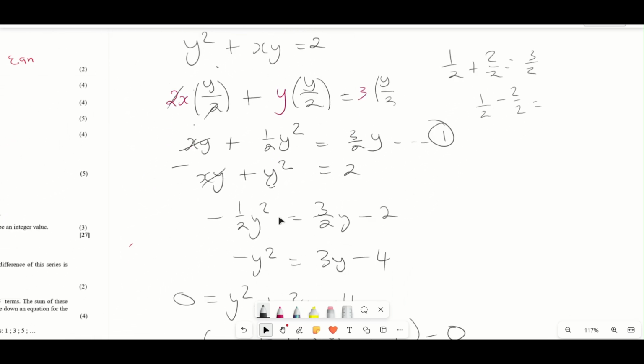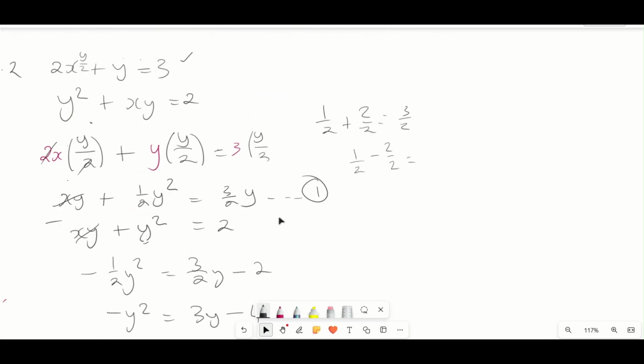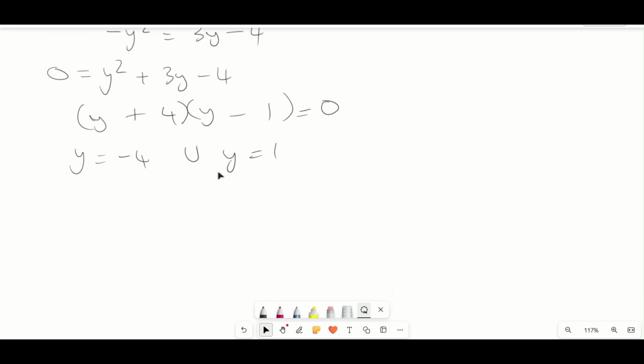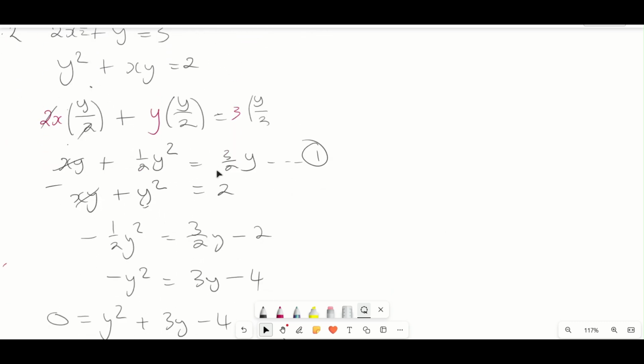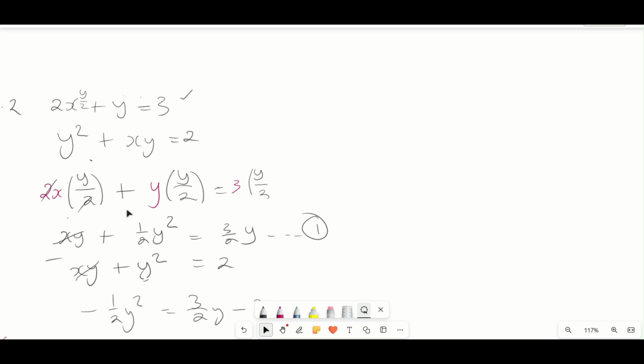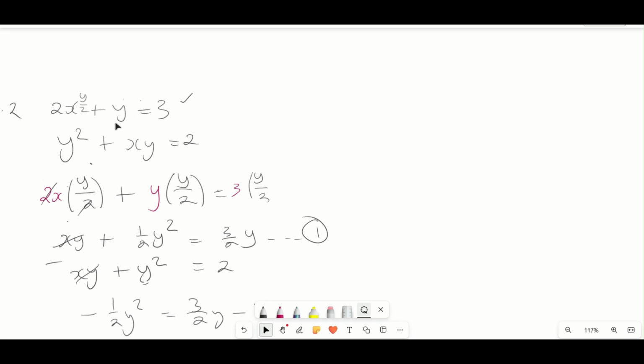But this one is the more complex one. Remember, after solving for y, you have to substitute your y value back into either of these formulas to solve for x, right?